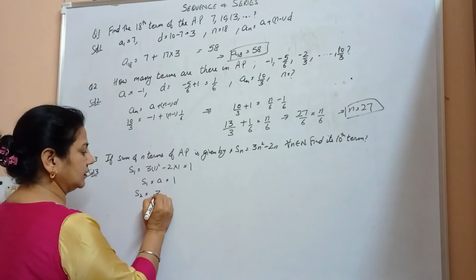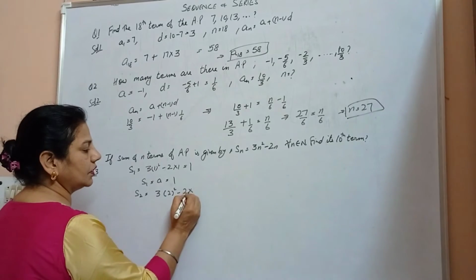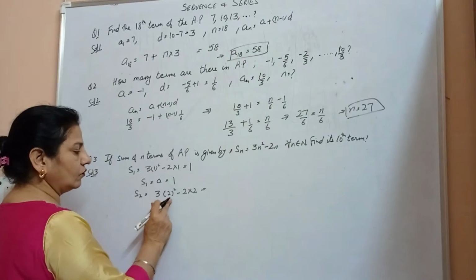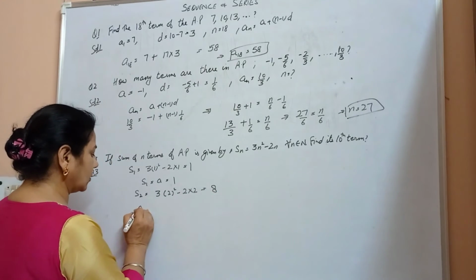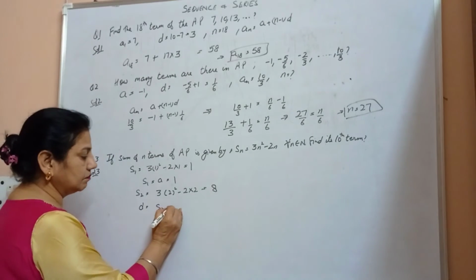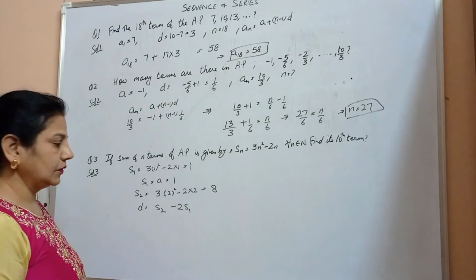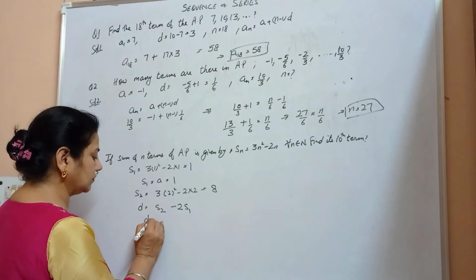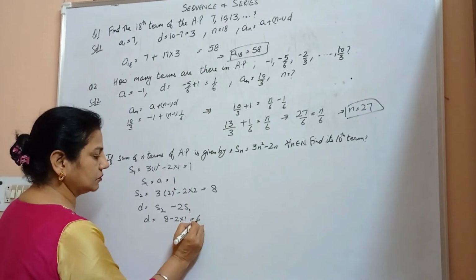S2, the sum of two terms, is 3 into 2 square minus 2 into 2. 3 fours are 12, 12 minus 4, 8. And the common difference is given as the sum of two terms minus 2 times the first term. So the common difference d is equal to 8 minus 2 into 1, which is equal to 6.